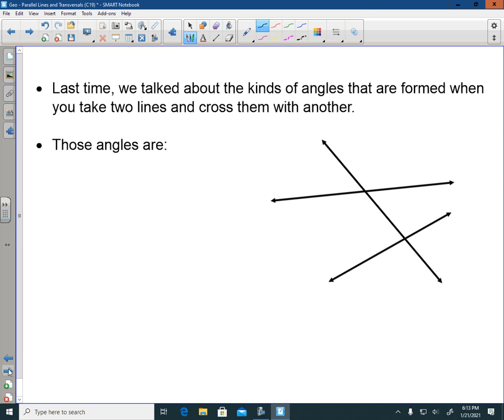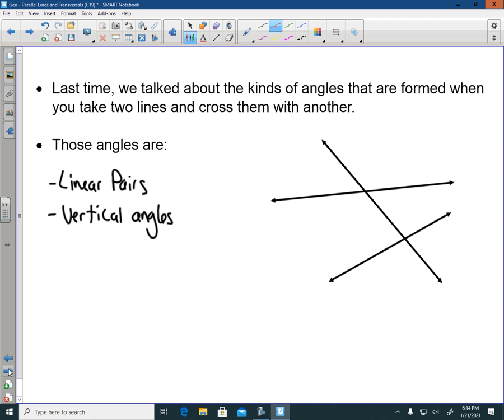So again, last time we talked about the kind of angles that are formed when you take two lines and cross them with another, and that other line is called a transversal. Now we have all kinds of angles formed, and we have linear pairs, and we have vertical angles, and we already know about those.